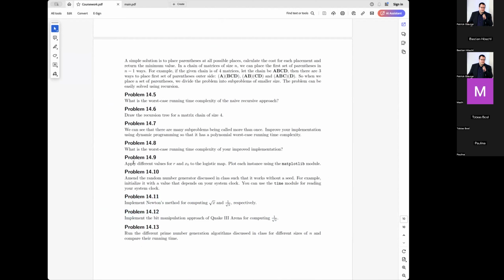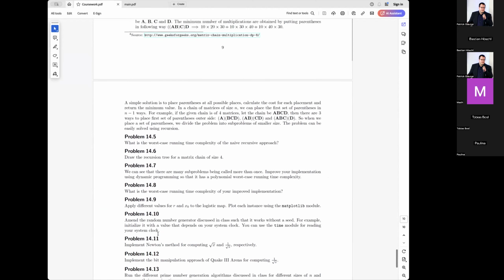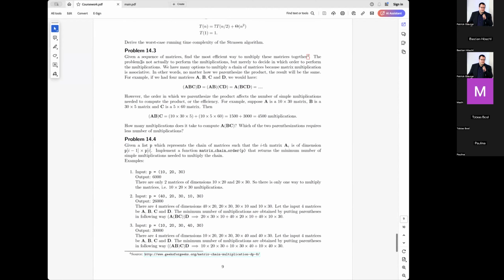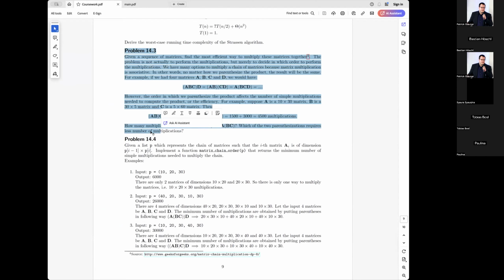Yes, because there are some here like about random number generation or prime numbers, which we didn't discuss, and all these other problems around the sequence of matrices to be multiplied. This is just more like an outlook. It's not relevant. But if you want to learn something, give it a try. I didn't see any other questions.